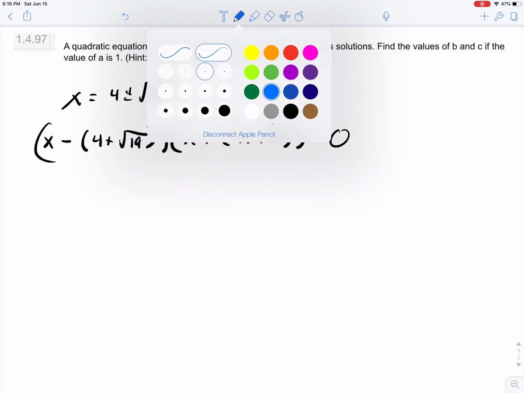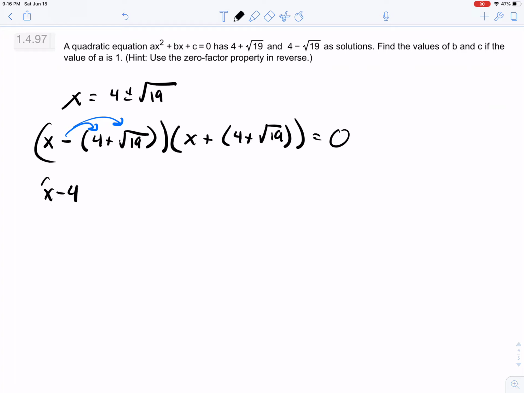If we distribute the negative here, then we'll get x minus 4 minus root 19 times, if I factor out a negative, give me a second. Plus. Now I'm drawing a blank. Give me a moment. I might have to start this over.